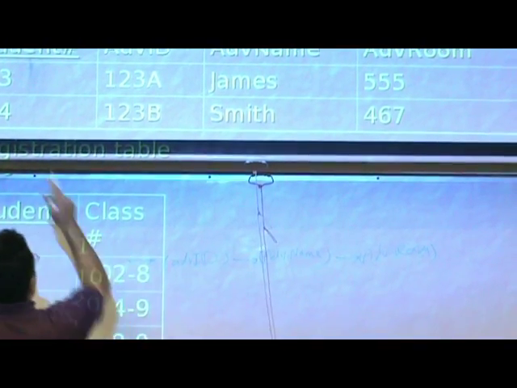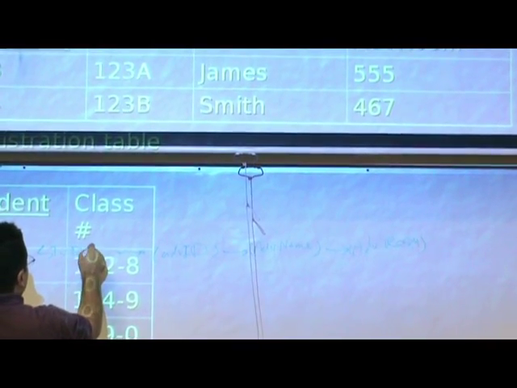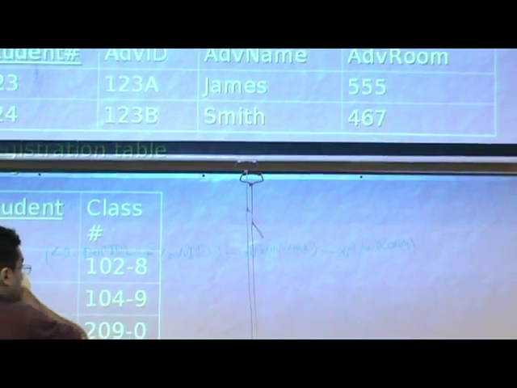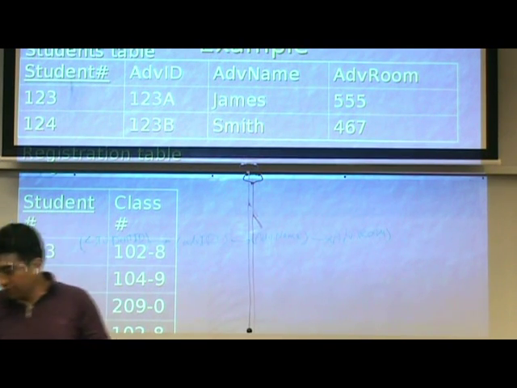And advisor ID is determined by student ID. Sorry, Professor, it's not visible. The color of the ink is not so good, let me change it. Hold on.